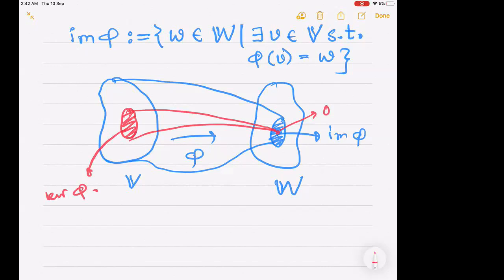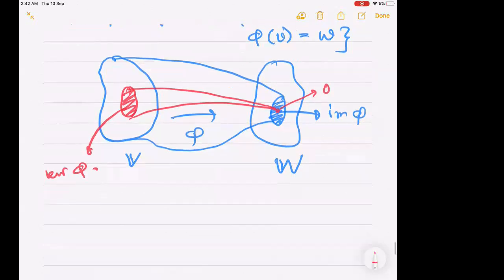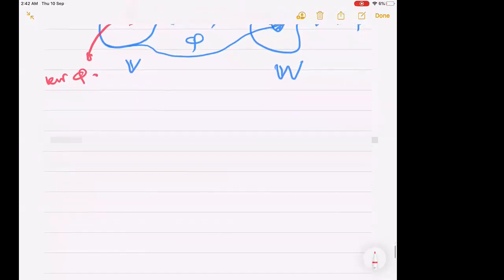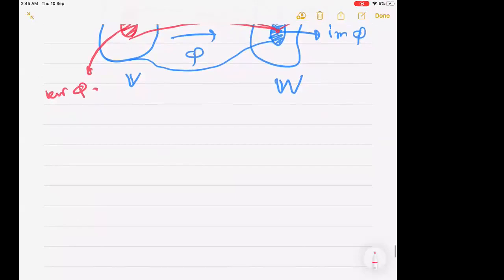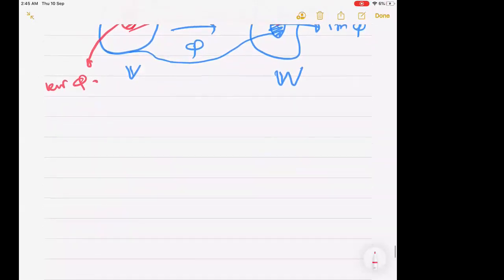Now, obviously, the image of phi is also a vector space, a subspace, right? Why is that so?